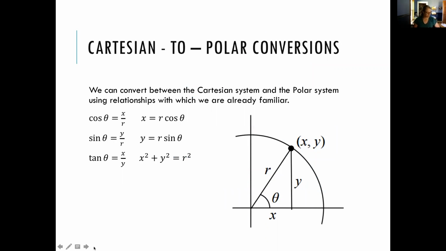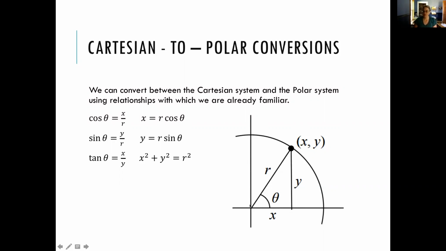So we can convert between Cartesian coordinates and polar coordinates. And we do that using these relationships right here, which are all based on our old friend, the triangle that we can inscribe inside a circle centered at the origin.